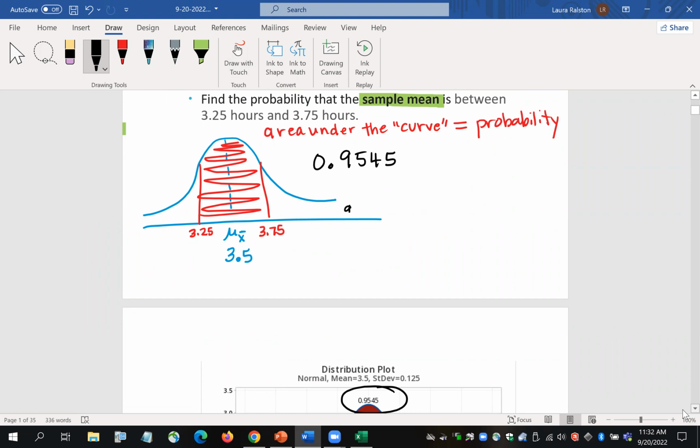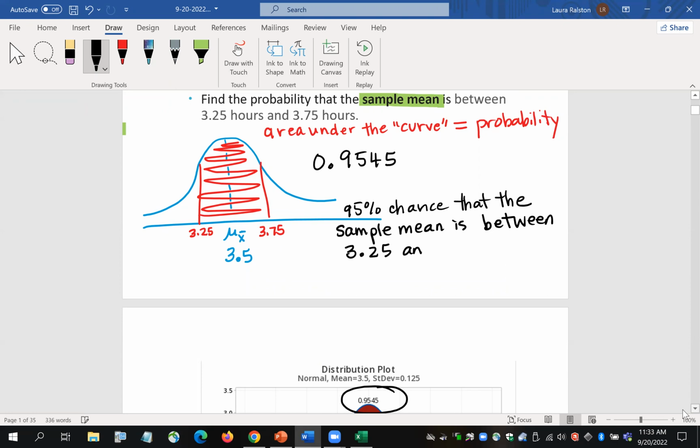So that means there's basically a 95% chance that the sample mean is between 3.25 and 3.75 hours.